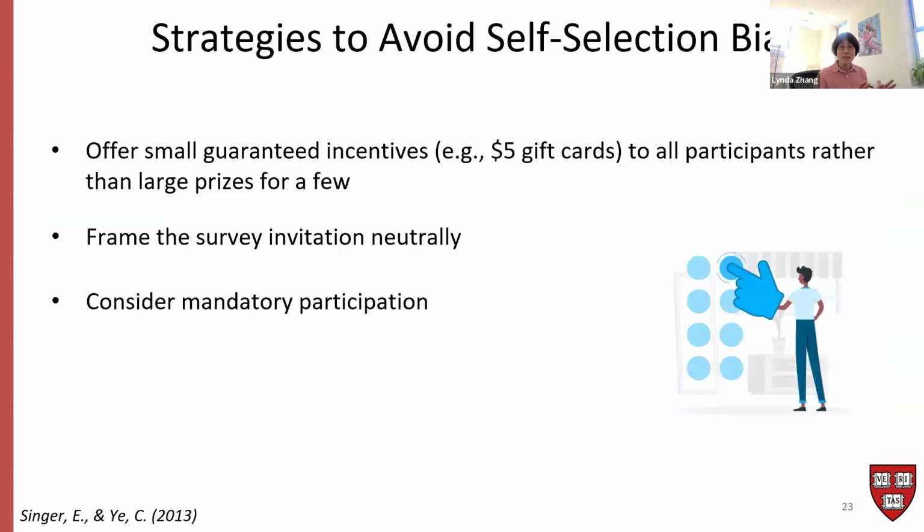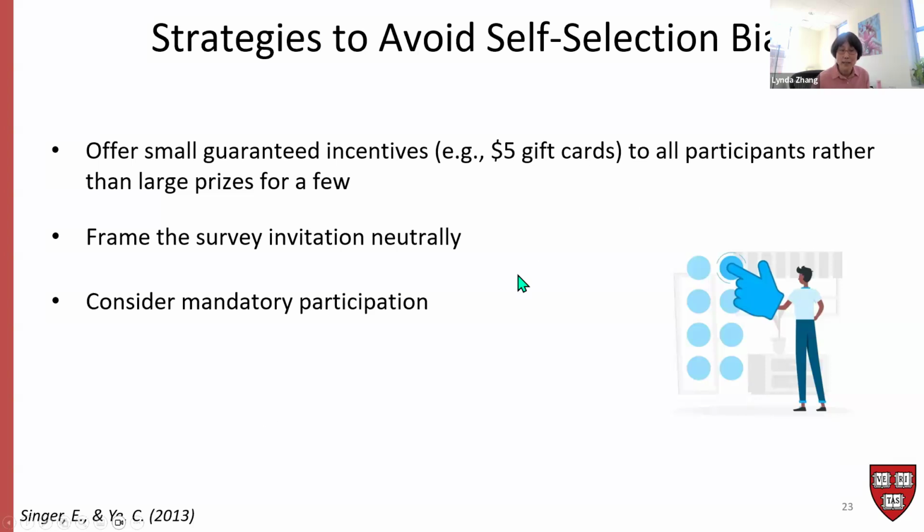So here are some strategies to avoid self-selection bias. The first is to offer small guaranteed incentives, such as a small gift card to all participants rather than large prizes for a few. This is actually a result from this paper.